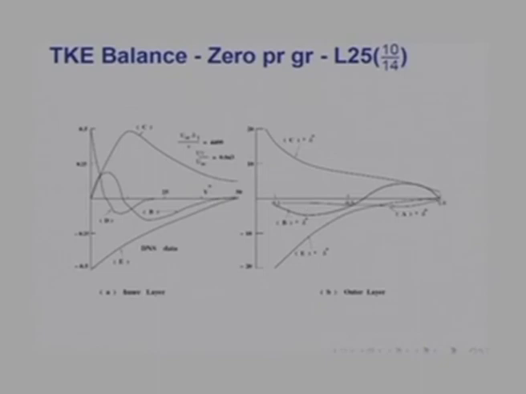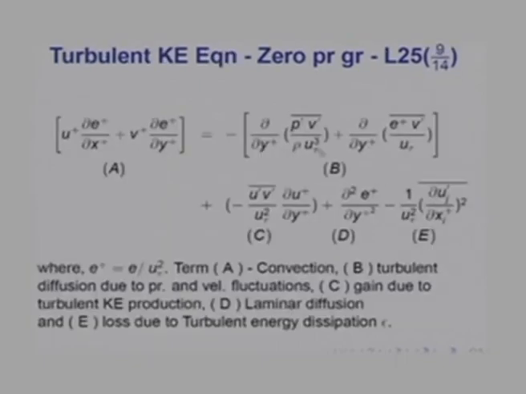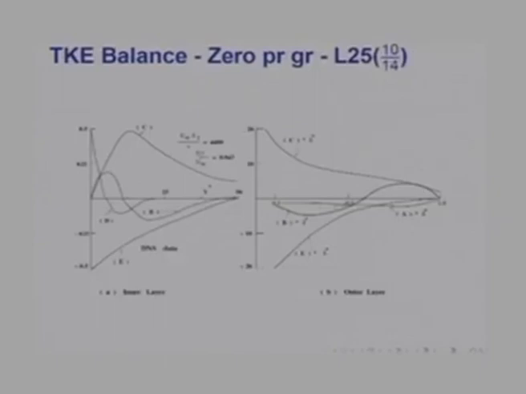But you will see that the net contribution of term B is almost 0, because the positive and negative areas balance, and therefore, very little contribution is made to the overall energy balance. But locally, those terms are very important.